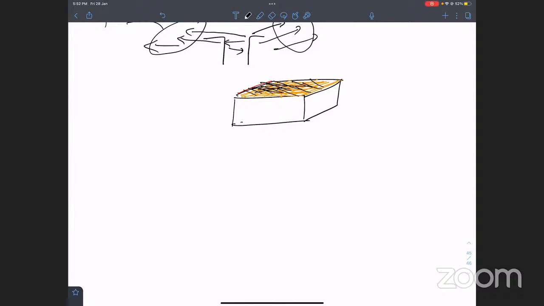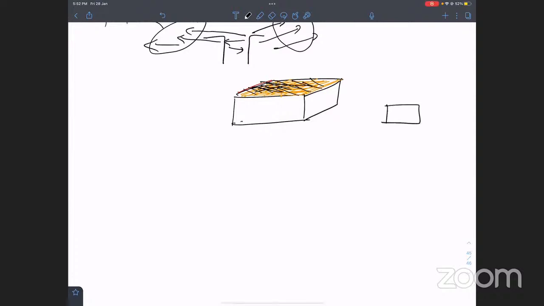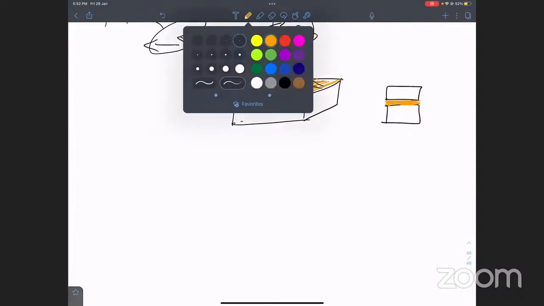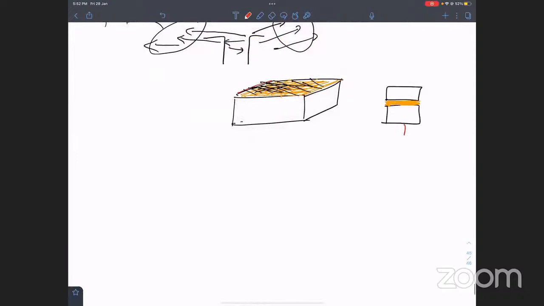So if I look at it from the side now, it's going to be black, yellow, black like this. Three layers. This is my semiconductor. This is my device, right? So now imagine you have applied a potential like this. Electrons are going to be going like that.